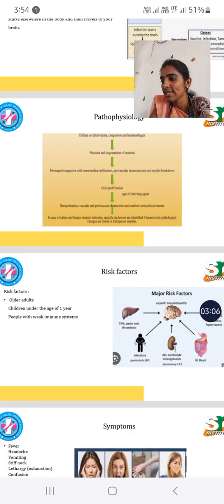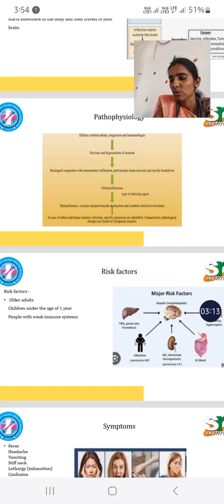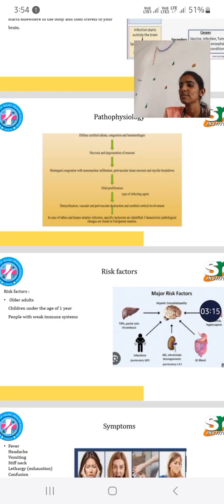In rabies and herpes simplex virus, specific inclusions are identified. Characteristic pathological changes are found in falciparum malaria.